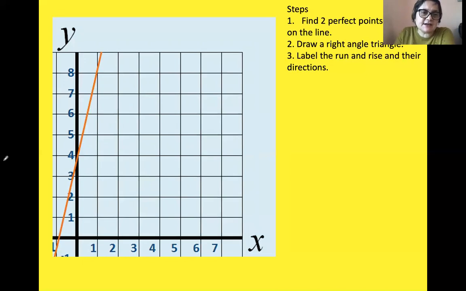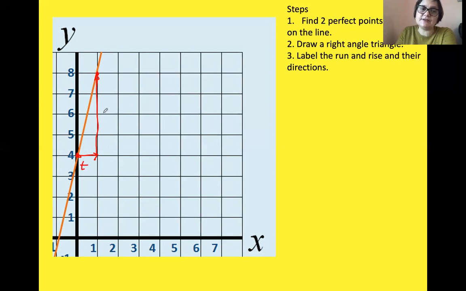For this one here, two perfect points again. I have this point here, 0, 4, and this point here. To build the right angle triangle, I like to start from the left point, and then I go right, I stop here, and then from this point here, I go up, right there, and then I stop. And now I put the signs of the direction.